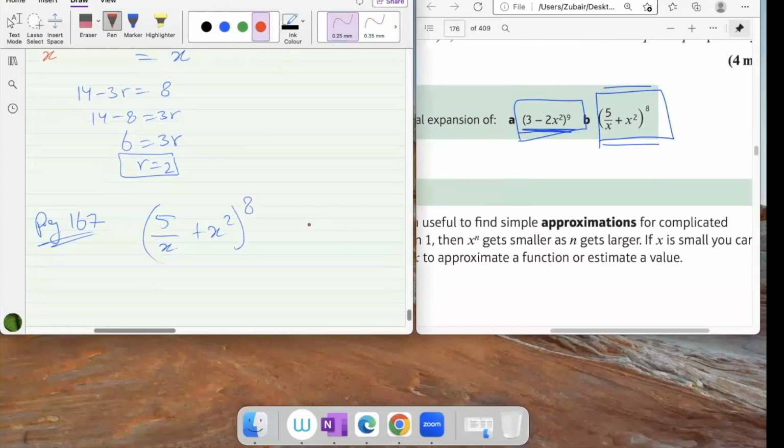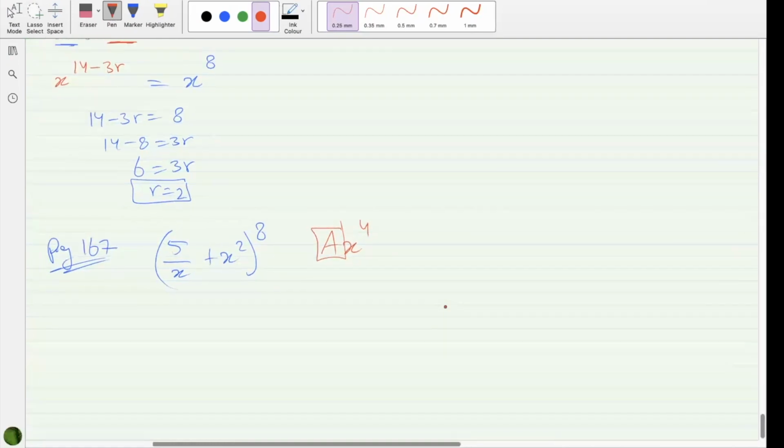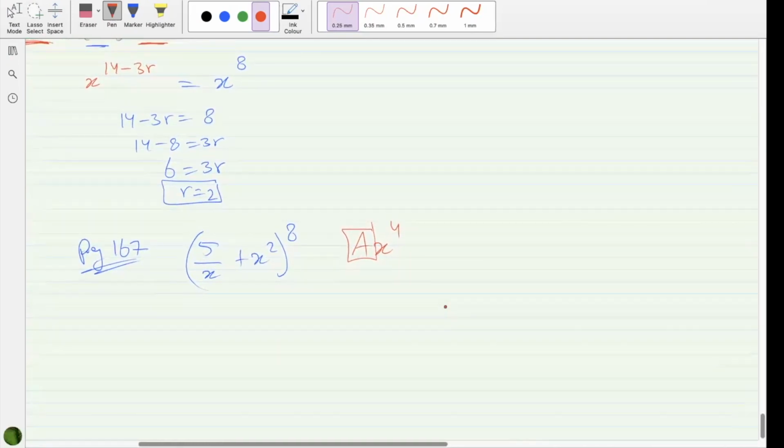And I have to find ax^4. I need to find a when the power of x is 4. Again, we do not know what the value of r should be. Do you have any idea? Would it be 2 again? Maybe. Are you sure? No.